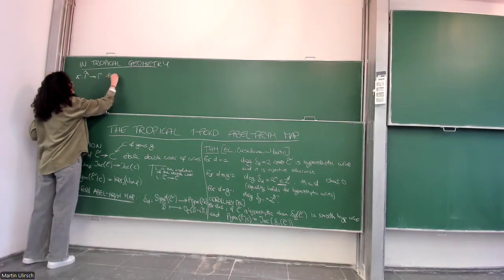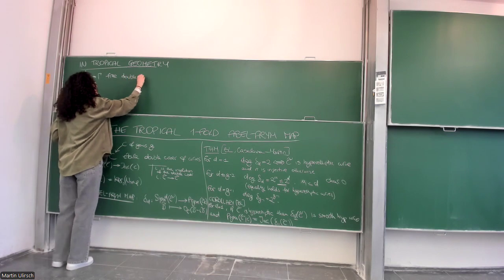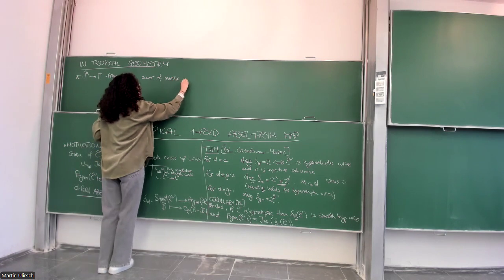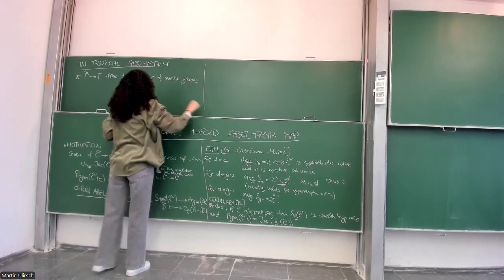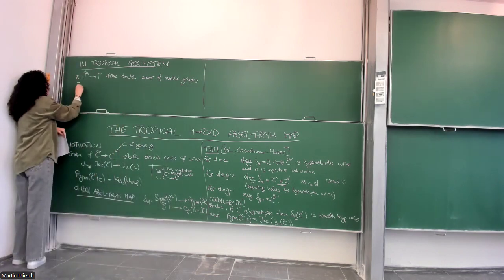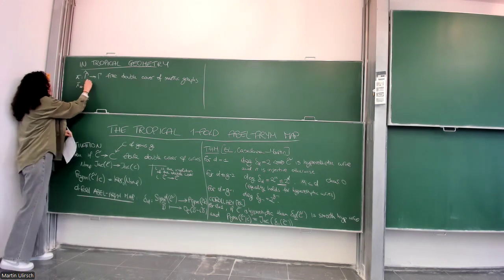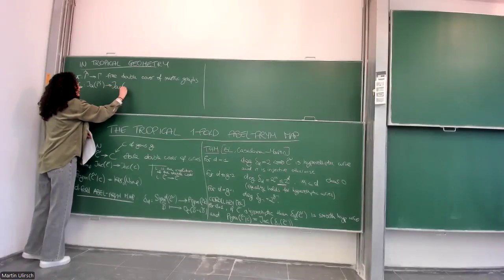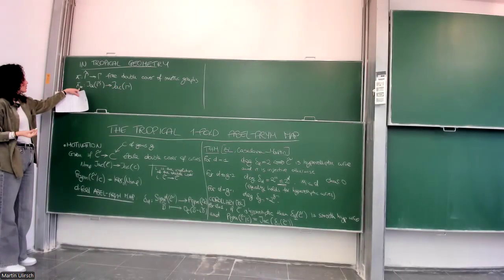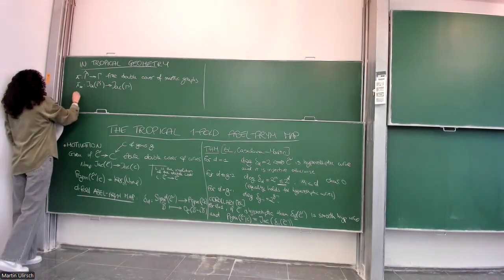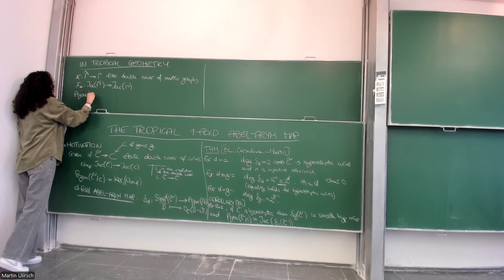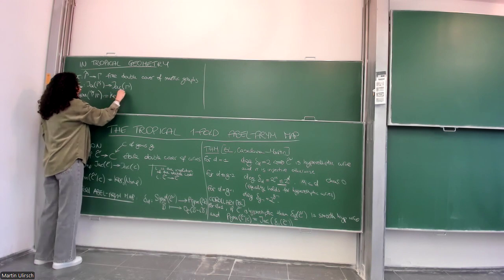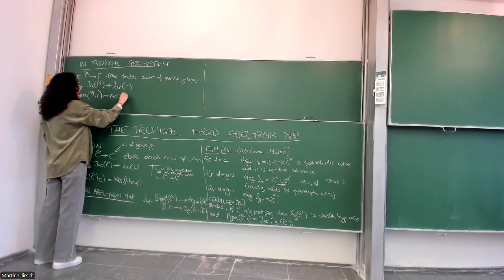Free double cover. We consider the norm map. In the same way, we can define a Jacobian of a metric graph. And here, this map is also the push forward. We can define the Prym variety associated to this cover, which is the kernel of this map that contains the identity.